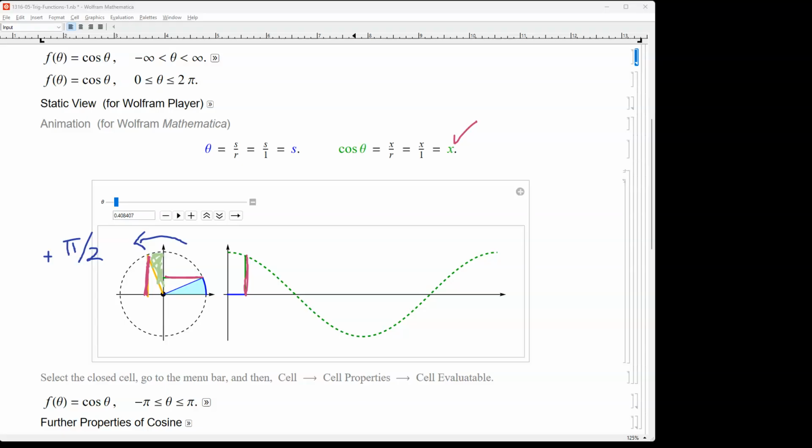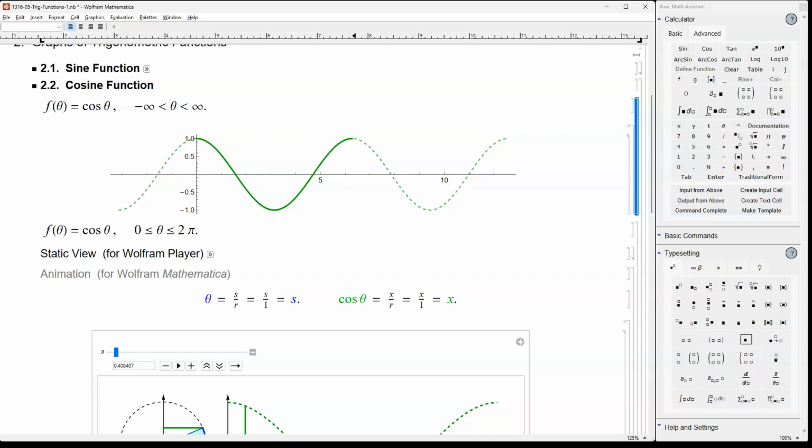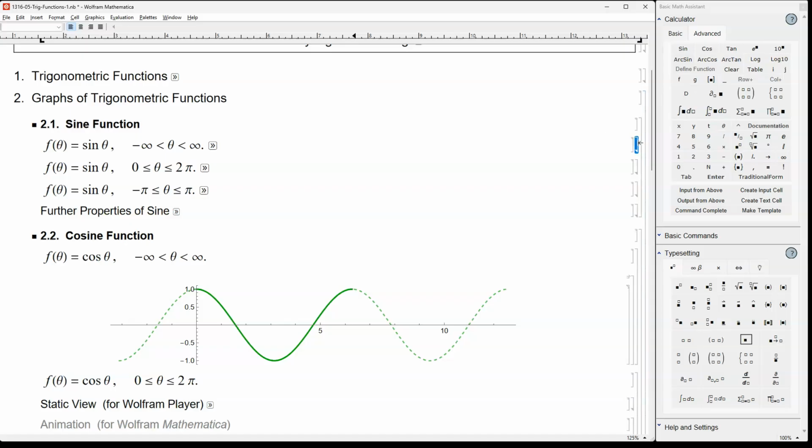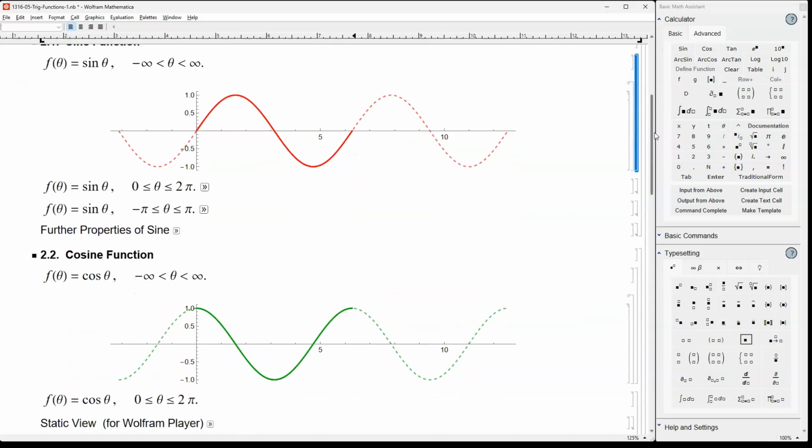Let's go back to the original mode. Let's get out of the drawing mode, and then open up the graph of cosine function and also the graph of sine function and compare them. Same shape, going up and down, up and down, up and down, same wave pattern and same period 2 pi, exactly the same except for the starting phase.